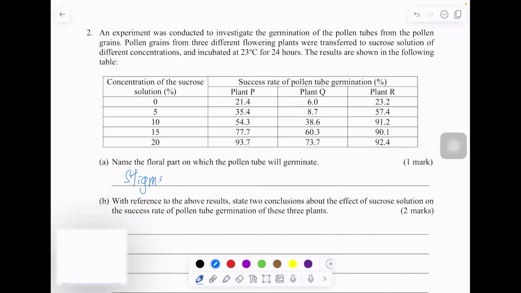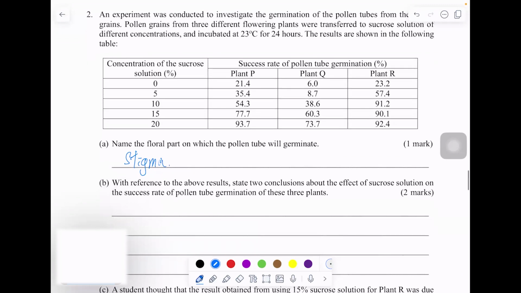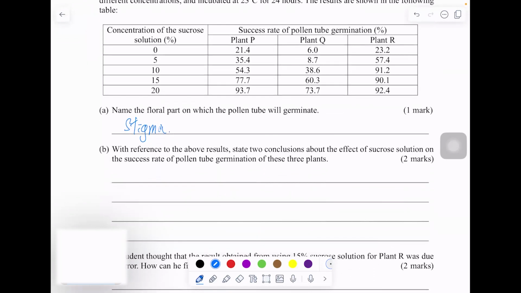With reference to the above results, state 2 conclusions that you can observe. The first one: the sucrose solution in general, when we increase the sucrose concentration, in both plant P, plant Q, and also plant R, there is an increase in the pollen tube germination rate.